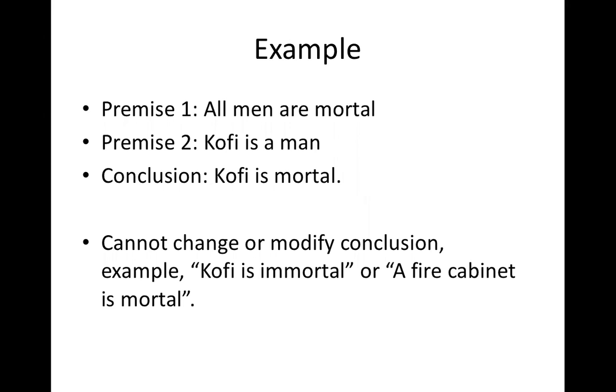When you look at the 2 premises, men appear twice, mortal appears once, and Kofi appears once. I want to repeat that. Surveying all the premises available, 1 and 2, you see that the term man or men appears twice, mortal appears once, and Kofi appears once.